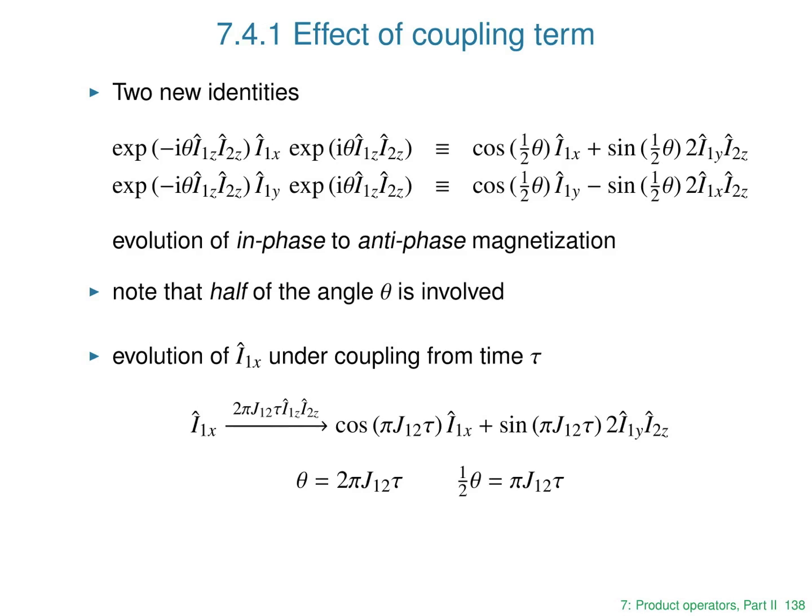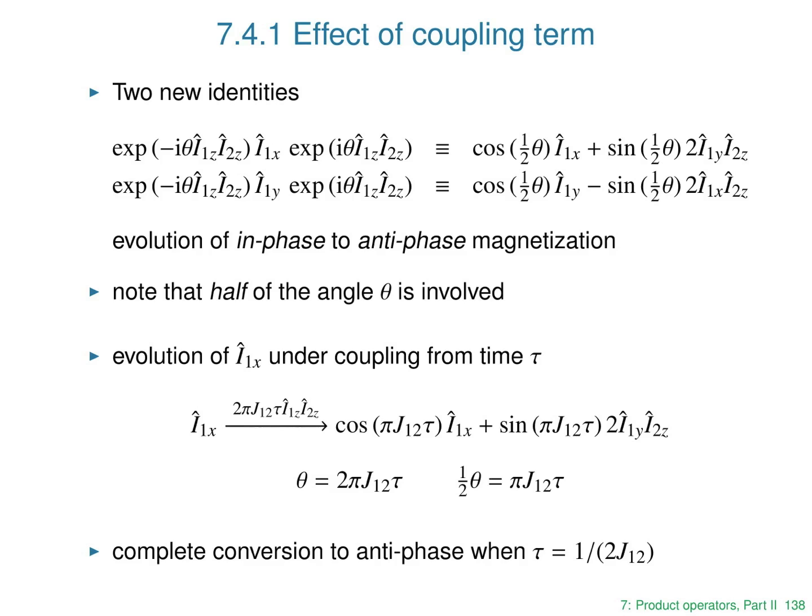And you can see that if you set the time tau to 1 over 2J, the cosine term would go to 0 and the sine term would go to 1.